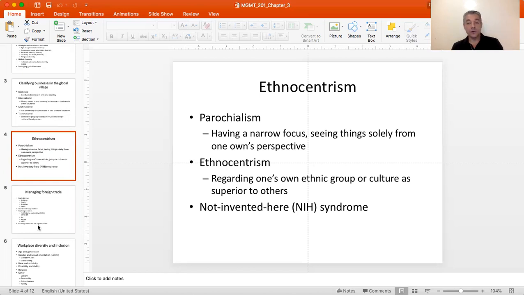And if you follow this ethnocentric mentality, you are robbing yourself of access to some of the better products, better services, better technologies, wider markets. So within any population, you would have a group of people that is ethnocentric or even parochial. And I think as a business manager, you try to educate the people around you.